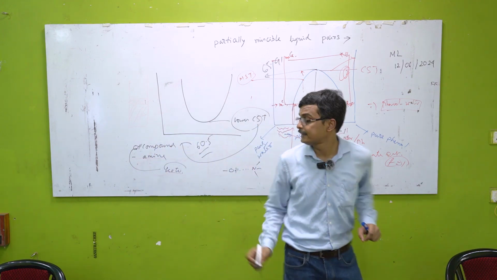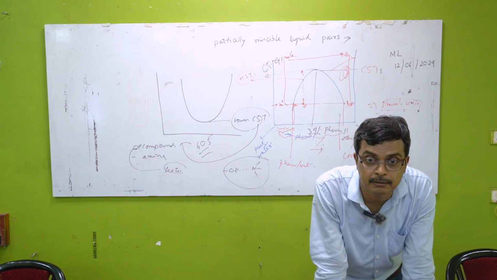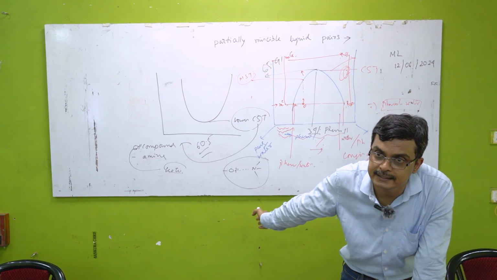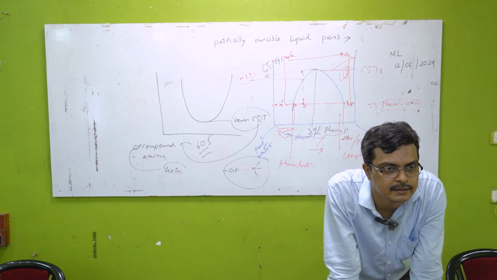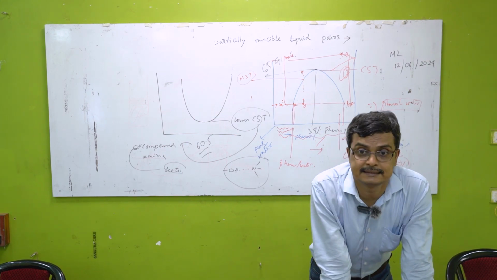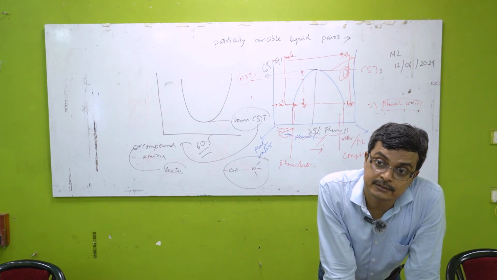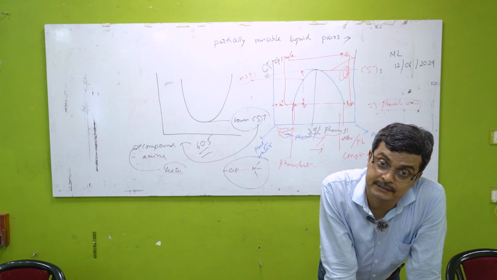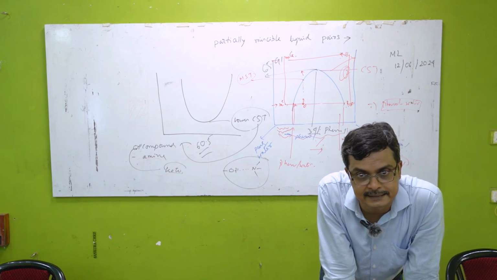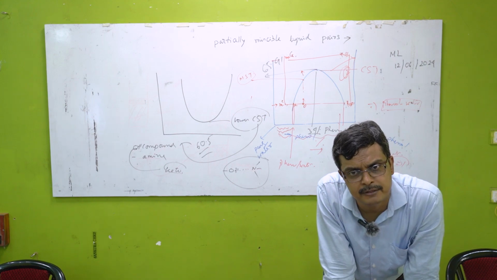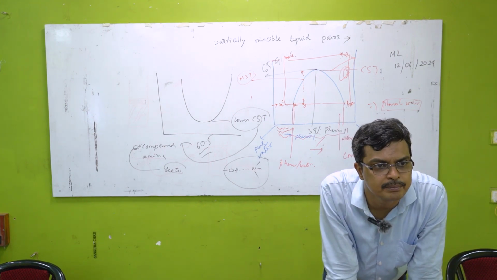Hydrogen bonding facilitates solubility, and with the increase of temperature, hydrogen bonding breaks, and there is a decrease in solubility. And there are cases where after some time, with increase of temperature, mutual solubility is decreasing, but after some time it follows the general trend that it again increases with temperature.